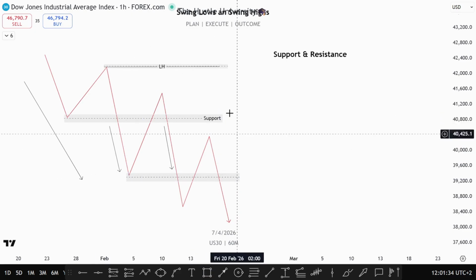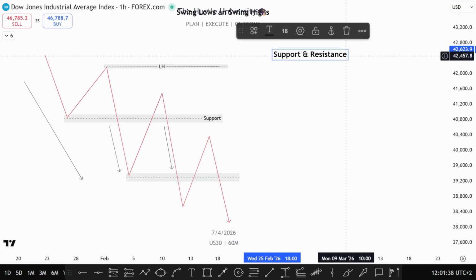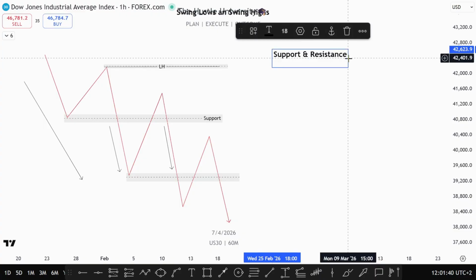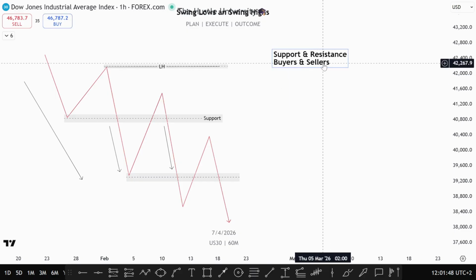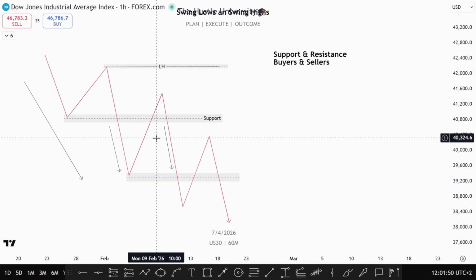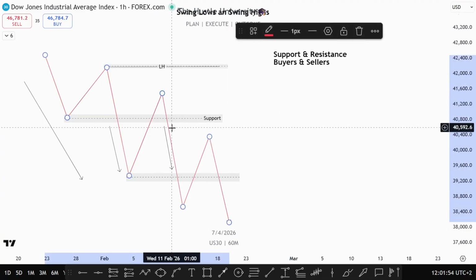So basically, how you can also put support and resistance, you can also say buyers and sellers, right? Support equals buyers, resistance equals sellers. You get what I'm saying? So we had buyers above here. As soon as price breaks below, the buyers are no longer here, right?